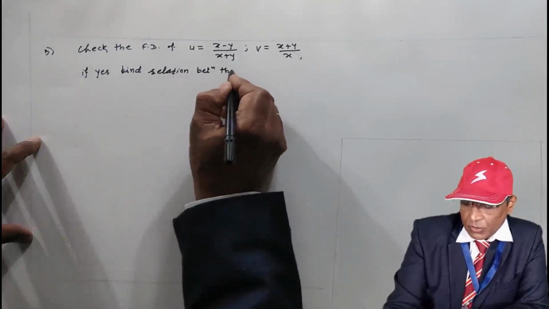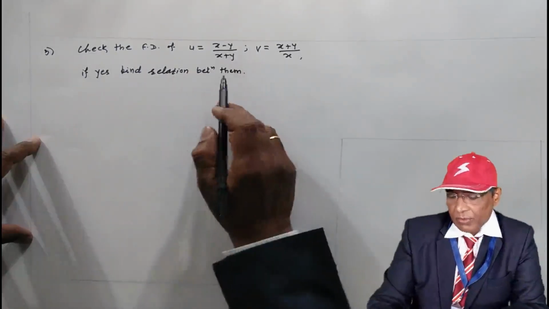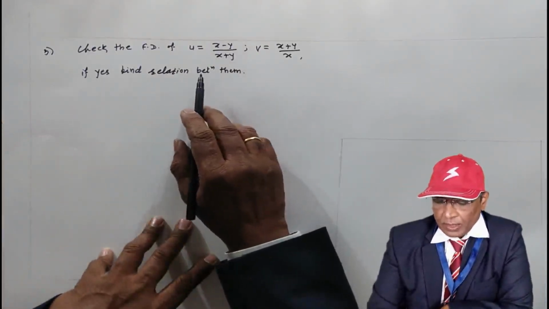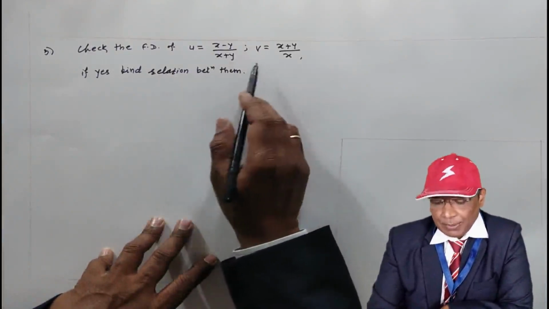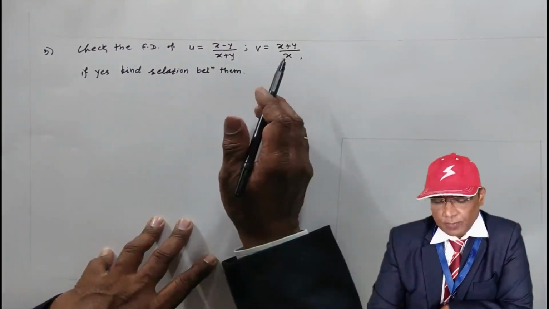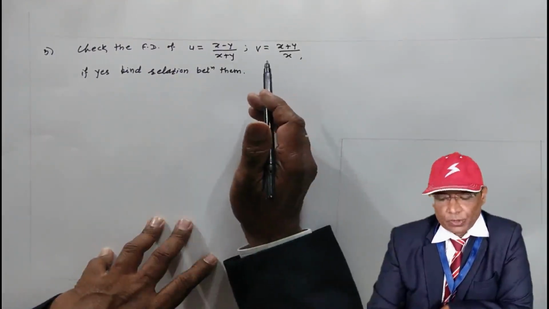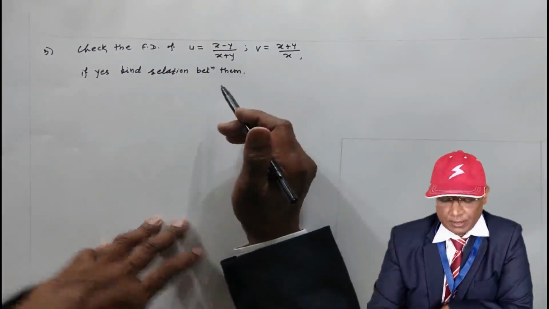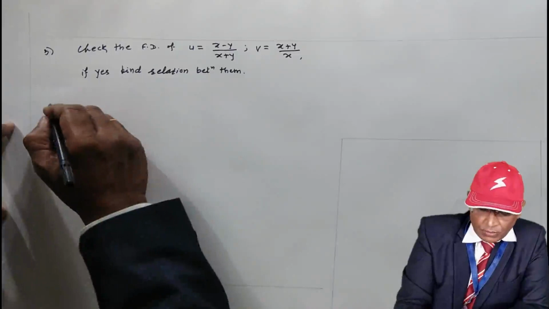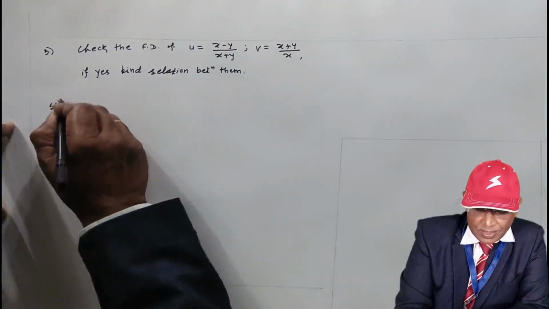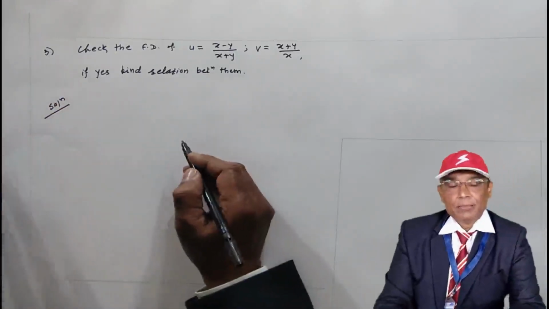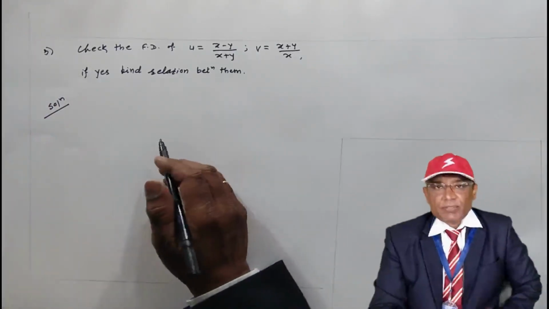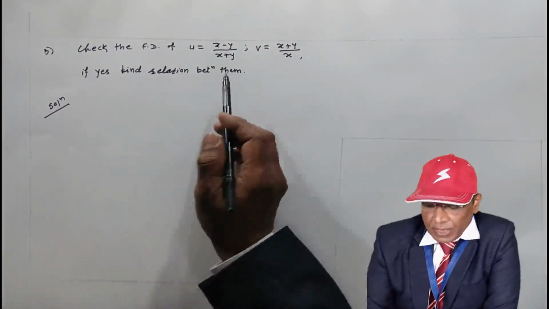Let's try to understand the question. If they are functionally dependent, then you go for a relation. If they are functionally independent, meaning the Jacobian is not zero, there is no need to find a relation, because we cannot find a relation if the functions are functionally independent. The functional dependence is a must for finding a relation. Now the same procedure again. What is the difference between the previous sums and this one?